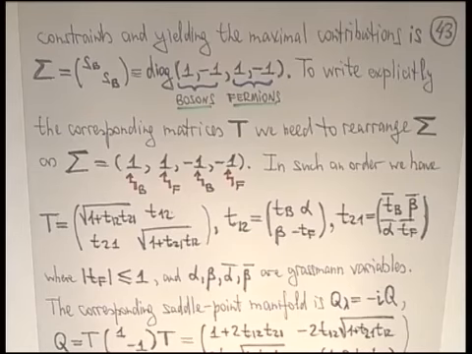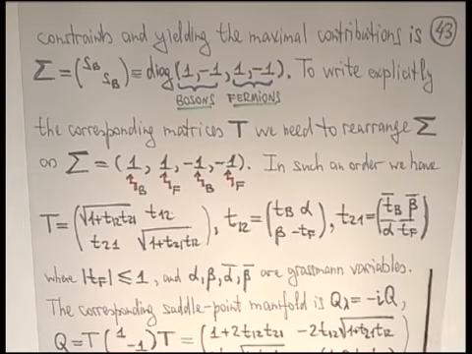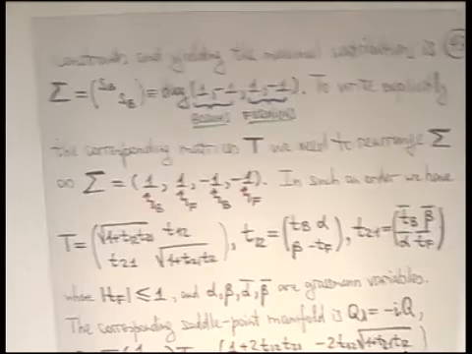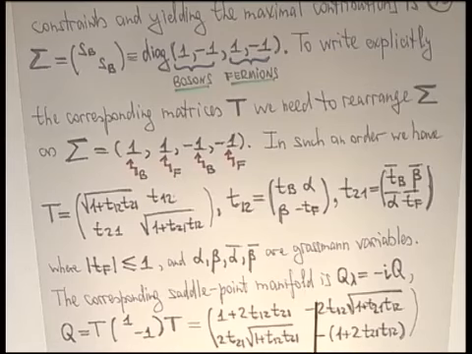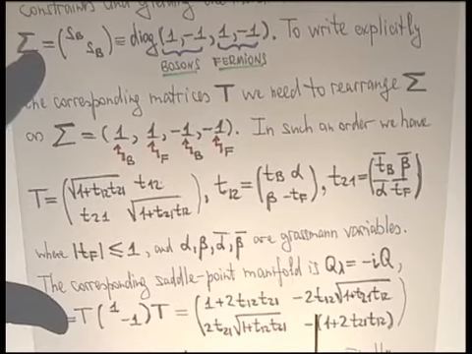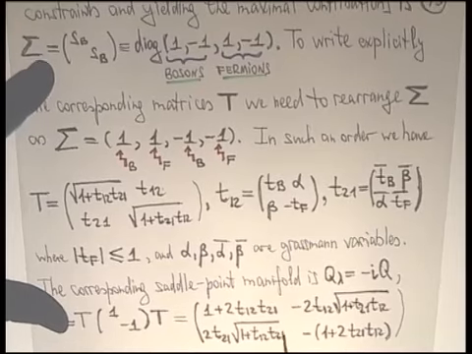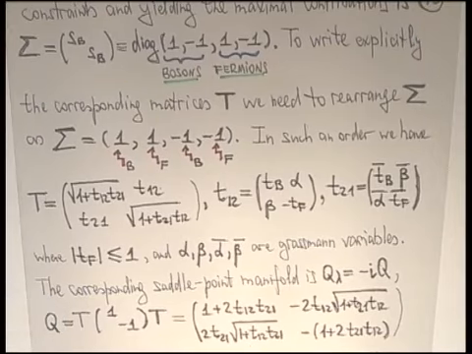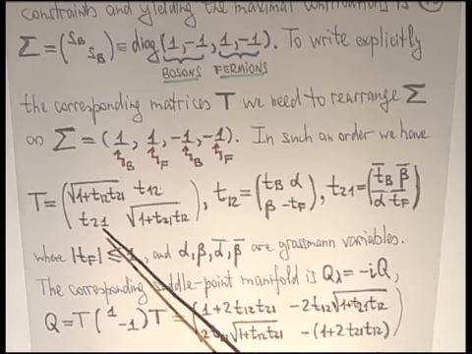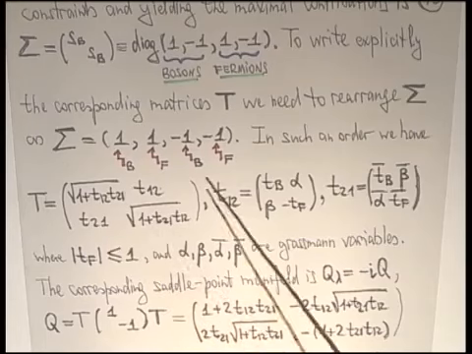Bosonic, fermionic, bosonic, fermionic. Still it's a supermatrix, just reshuffling its rows and columns. It's just that in this representation it's natural and most convenient, most explicit, I would say, to write down a parameterization for matrices T, which we know live on a particular manifold.